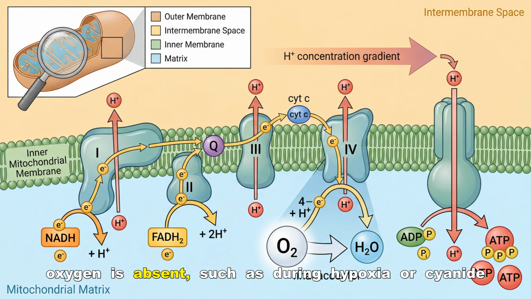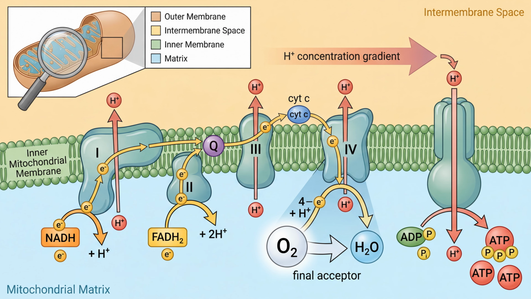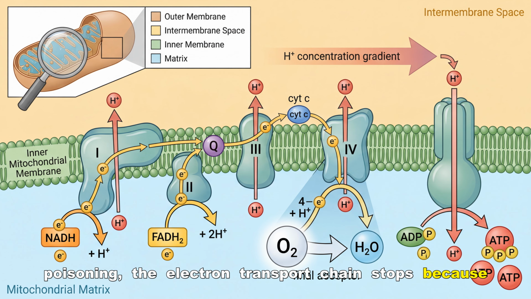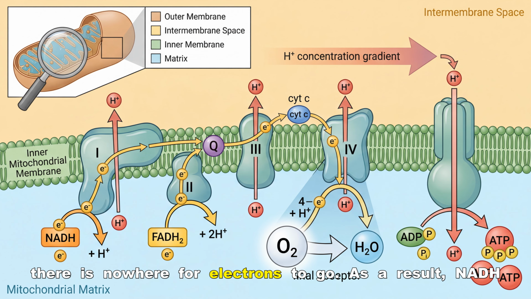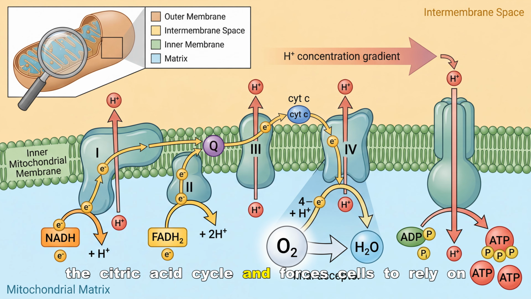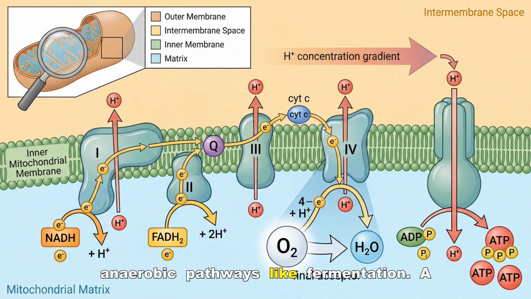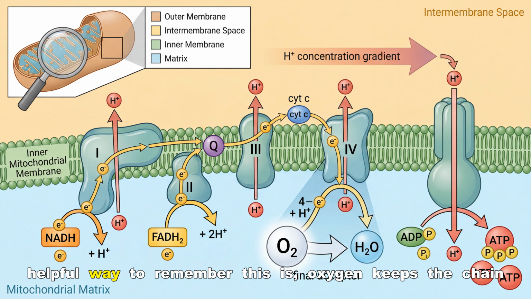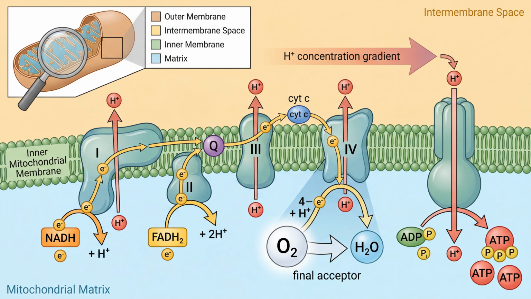If oxygen is absent, such as during hypoxia or cyanide poisoning, the electron transport chain stops because there is nowhere for electrons to go. As a result, NADH cannot be oxidized back to NAD+, which halts the citric acid cycle and forces cells to rely on anaerobic pathways like fermentation. A helpful way to remember this is oxygen keeps the chain moving.